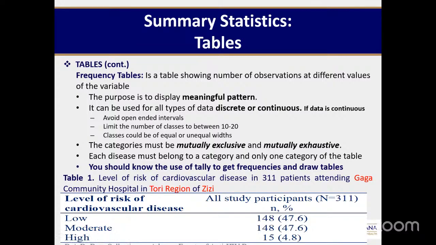This is a title which shows you the number of participants, the population the data was taken from, and the characteristic we are interested in. So the moment you see the level of risk of cardiovascular disease, you look at the table, you know that we are looking at low, moderate, and high. And if the number of participants is 311, that means the sum of these should reach 311.